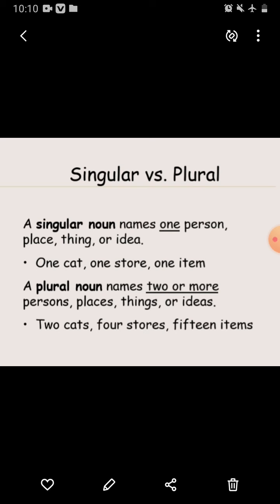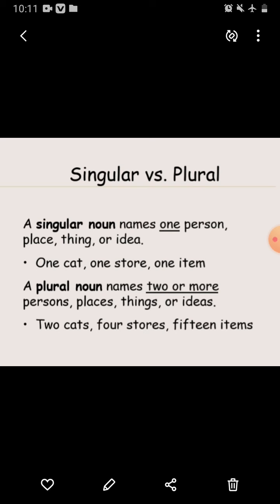Singular versus plural. A singular noun names one person, place, thing or idea. One cat, one store, one item. Singular means one thing.